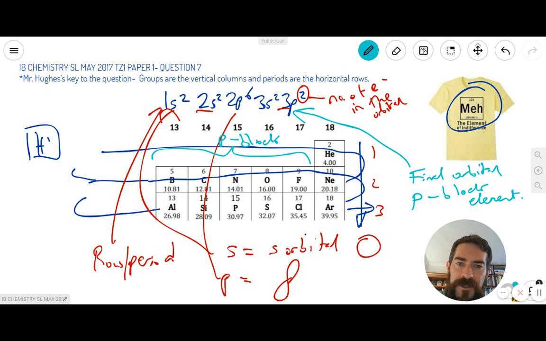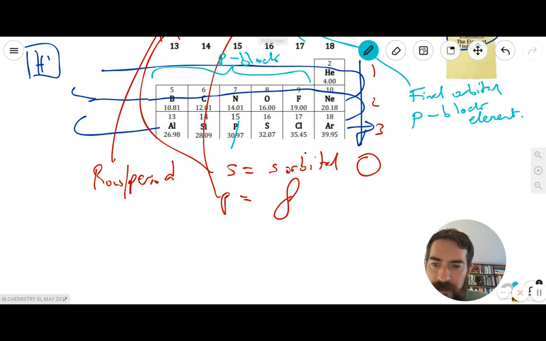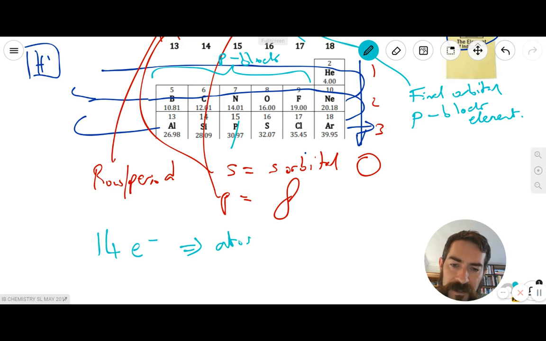Now we're trying to identify which element this is, and I could have said this at the beginning and saved us all this time, but you can very quickly identify what element this is by simply adding up the total number of electrons here. So we have 2, 4, 10, plus another 2, plus another 4, so 14 electrons. Now an element with 14 electrons: remember we talked about a question before which talked about the significance of atomic number and mass number, and we said that atomic number told you the number of electrons, and also that atomic number couldn't change.